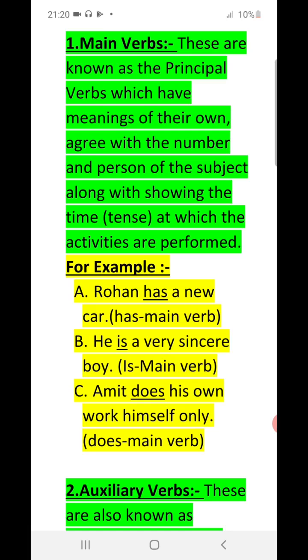Next, number C. Amit does his own work himself only. So over here, does is the main verb. What he does? He does his own work by himself only.